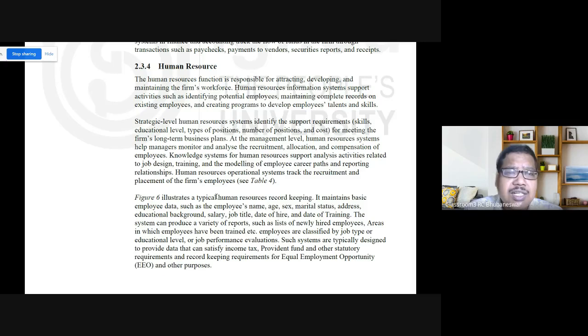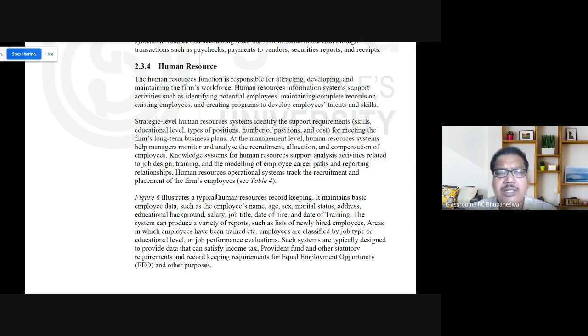So a strategic level human resource system must be identified to support skills, educational levels, types of positions, and the number of requirements in each position. At the management level, human resource systems help managers monitor and analyze requirements and allocations with respect to employees.